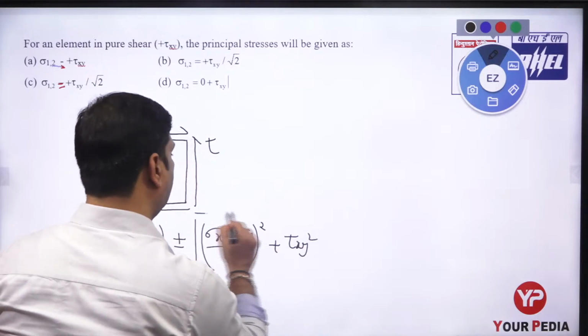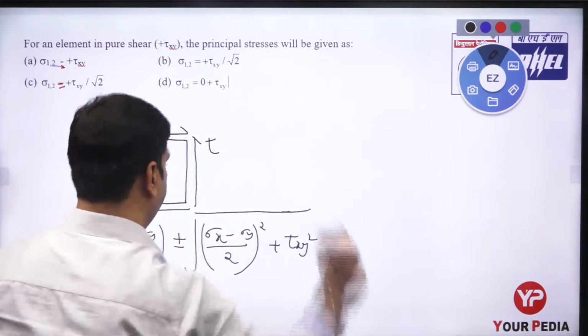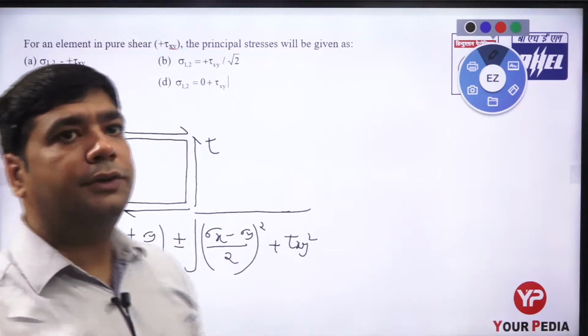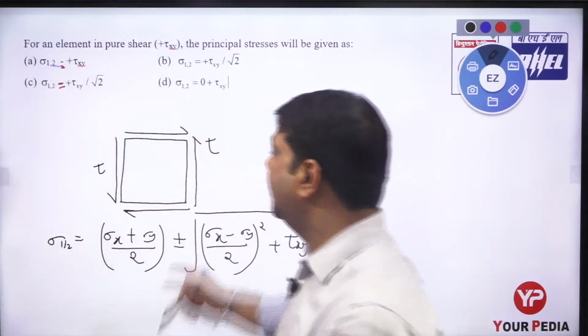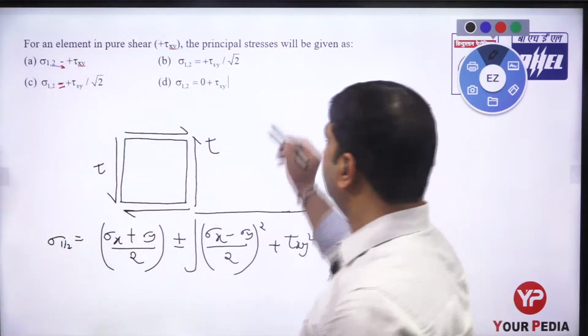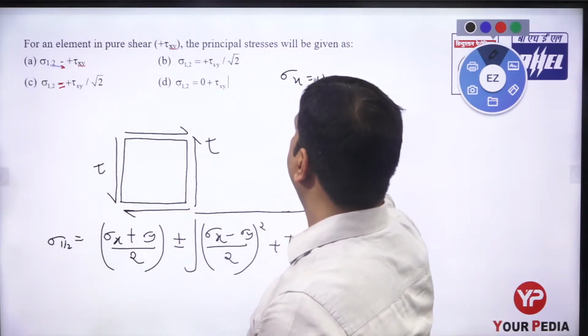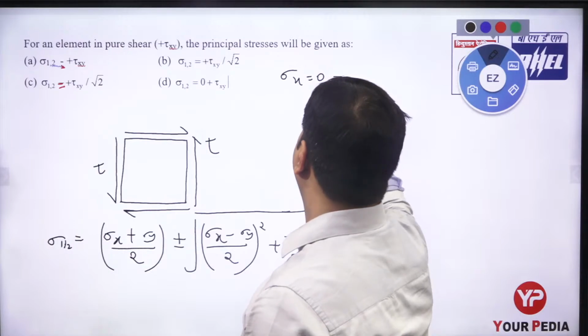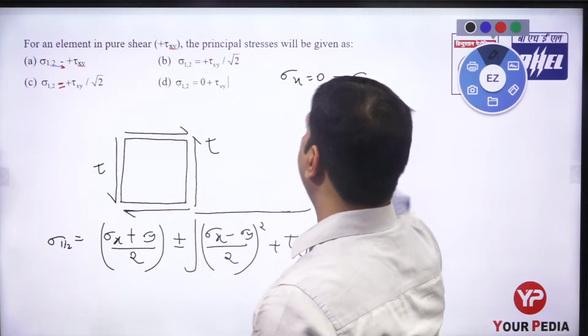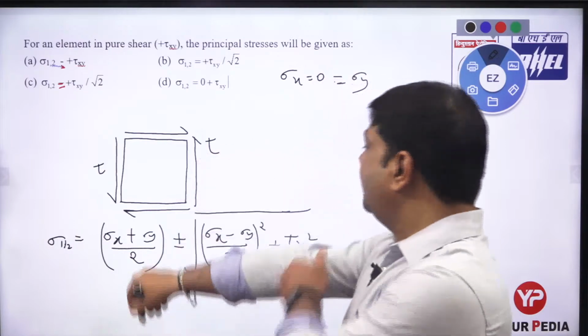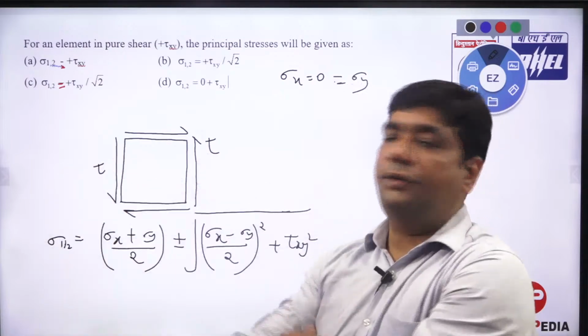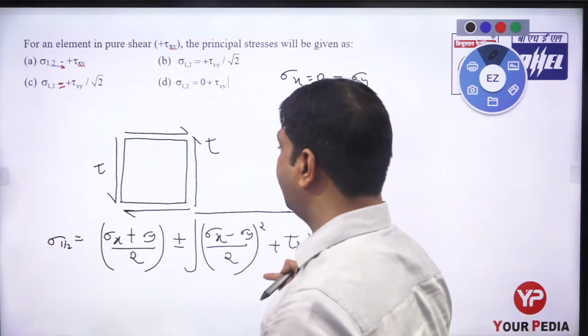This is the value of the principal stresses, if I am going to find out the principal stresses in any case. In this case, there is no stress along the x direction, so sigma x equals 0. There is no stress along the y direction, so sigma y also equals 0. There is only shear stress in the x and y direction, so only shear stress is acting on that member.